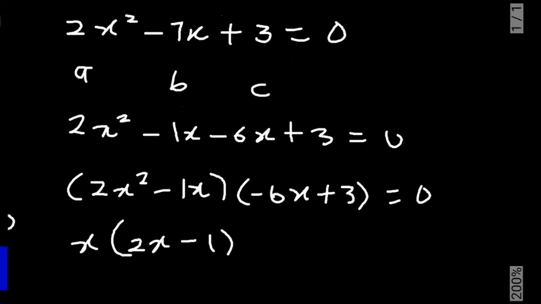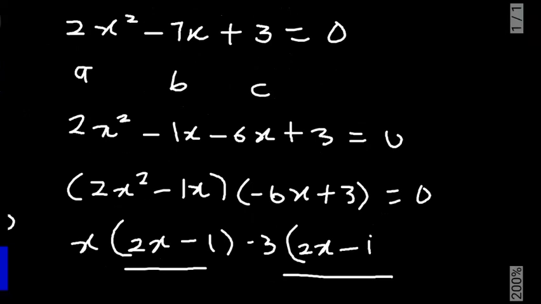What is common here? 3 is common here. We can say minus 3 is common since this must be equal to this. Minus 3 multiplied by 2x and minus 3 multiplied by minus 1. Minus 3 multiplied by 2x is minus 6x, and minus 3 multiplied by minus 1 is plus 3.